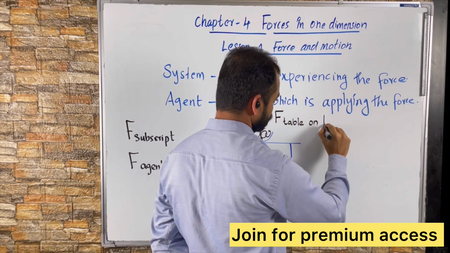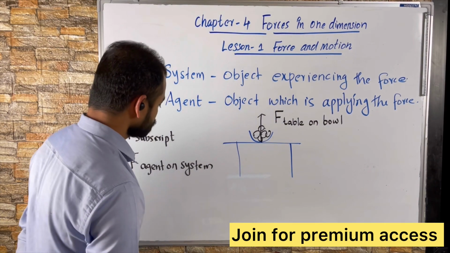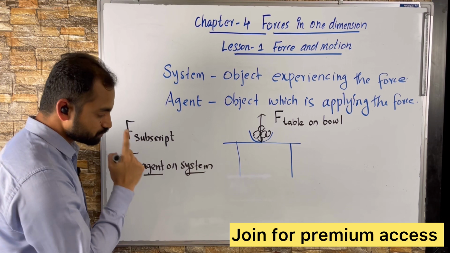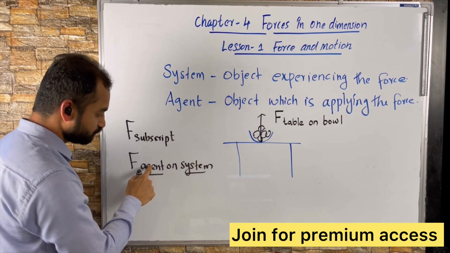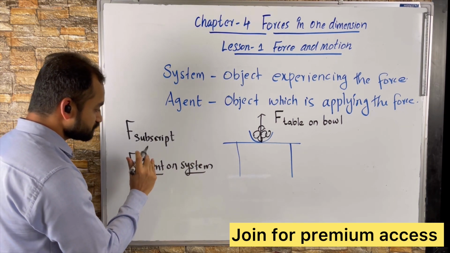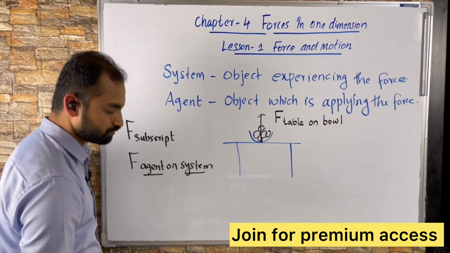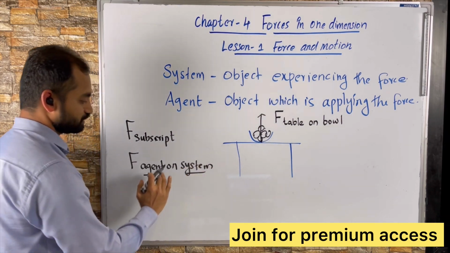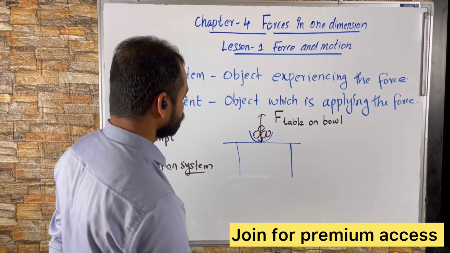System is the bowl, right? Very good. So always agent on system. If you are confused about which one to write first, you can remember that the subscript is in alphabetical order. Agent first, system second. So F table on bowl.